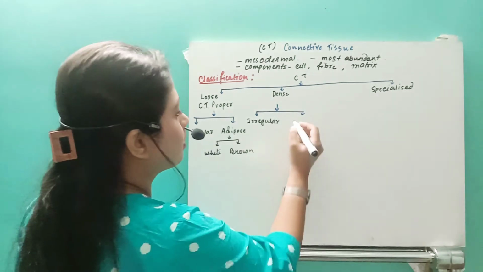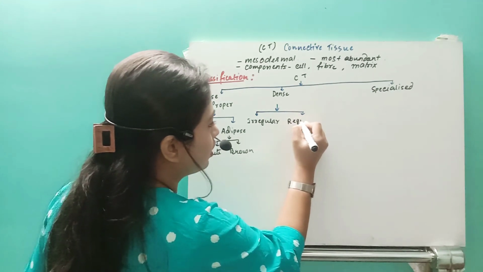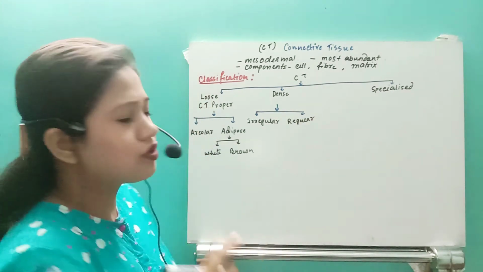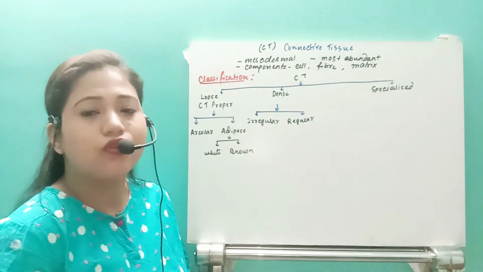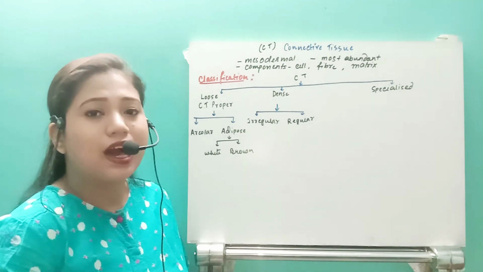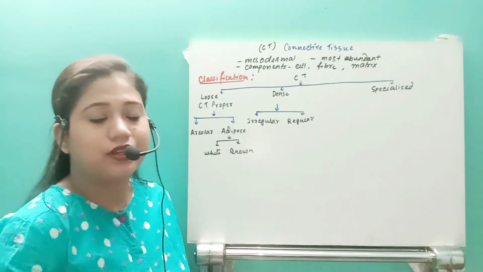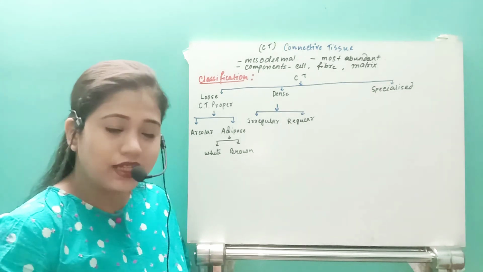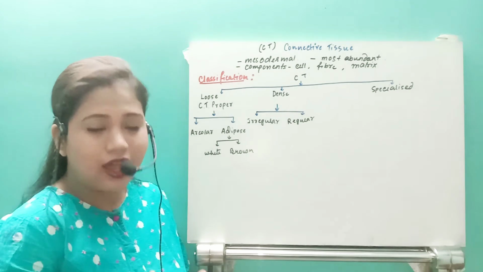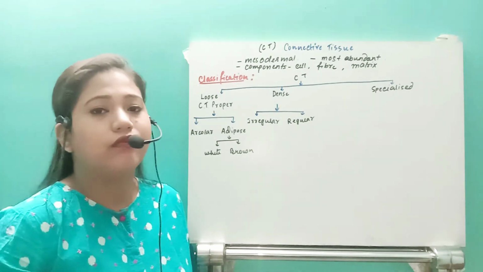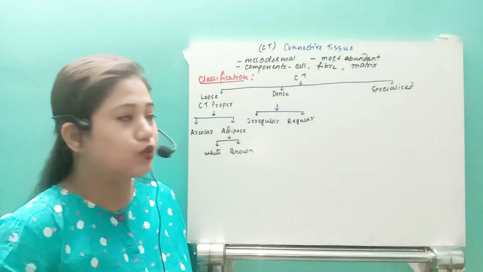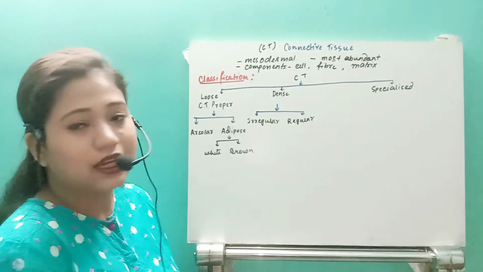And the second one is known as regular dense connective tissue. In that regular dense connective tissue, we will see a pattern formed by the different types of fibers. If it is white, it is also found in a pattern, and if it is yellow, they will also be present in a pattern. So that is known as regular dense connective tissue.